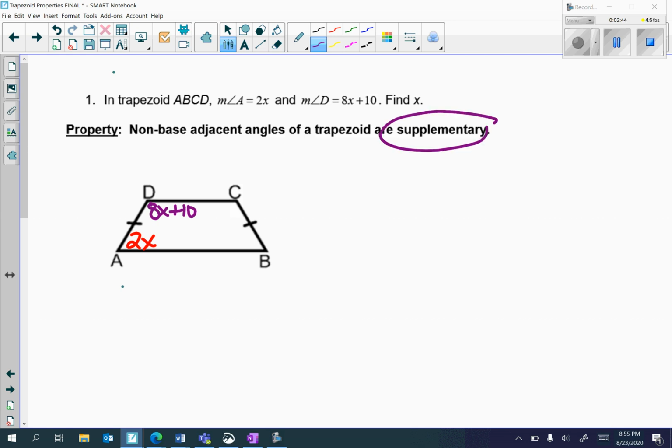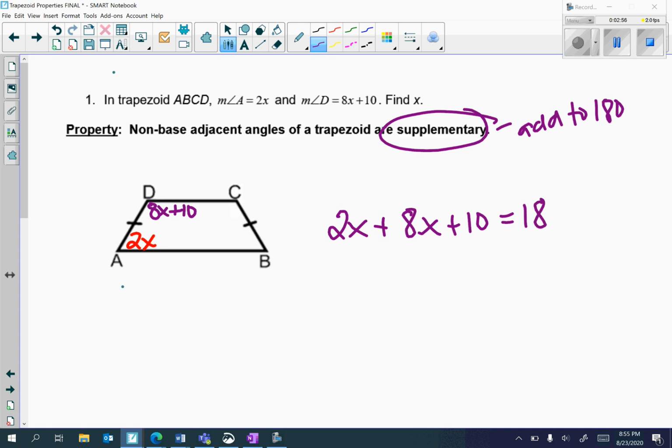Remember, the word supplementary means add to 180 degrees. So that's exactly what I'm going to do. 2x plus 8x plus 10 is equal to 180. 2x plus 8x is 10x plus 10 is equal to 180. Subtract 10 on both sides.